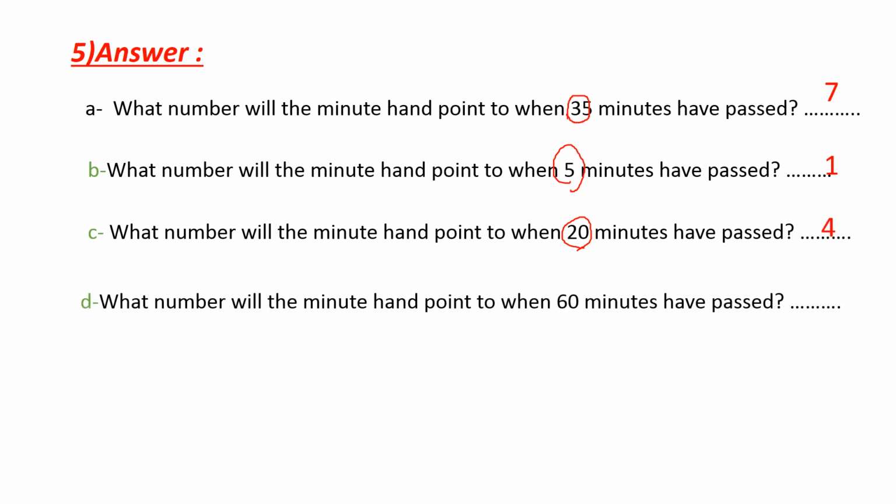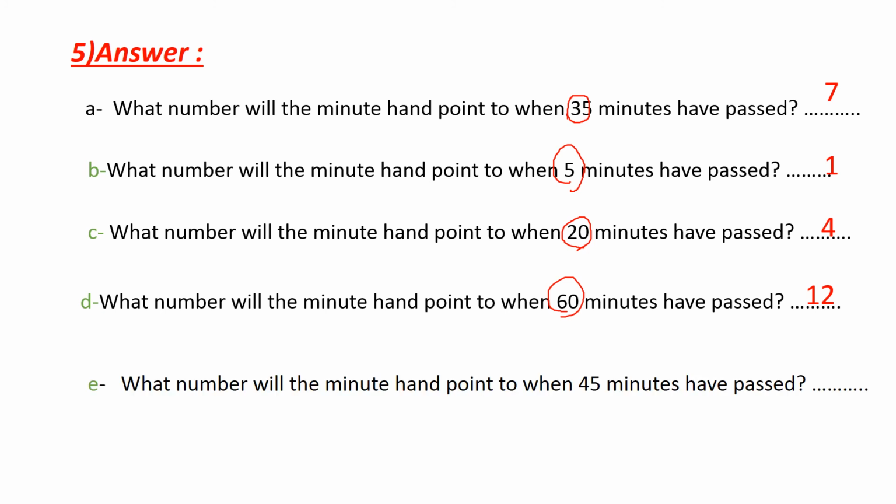Excellent. What number will the minute hand point to when 60 minutes have passed? So the long hand should be at 12. What number will the minute hand point to when 45 minutes have passed? So the long hand should be at 9.